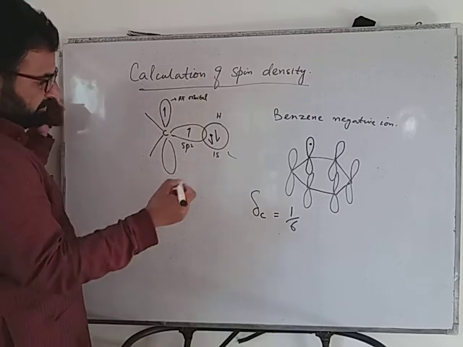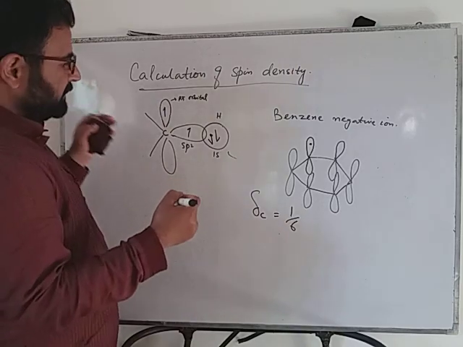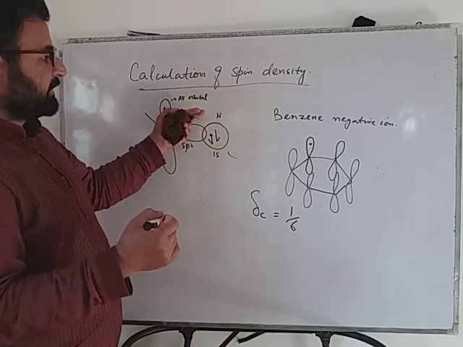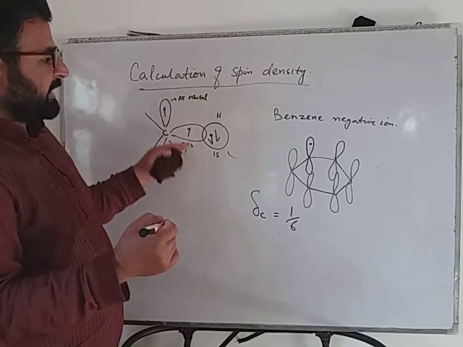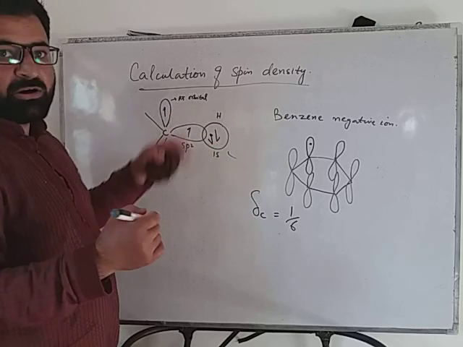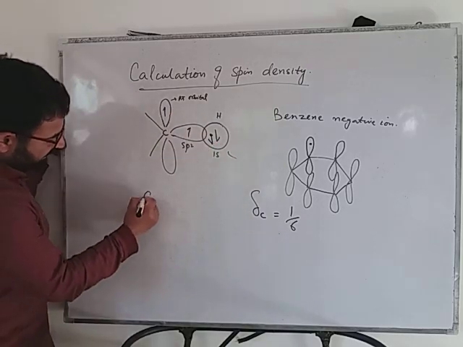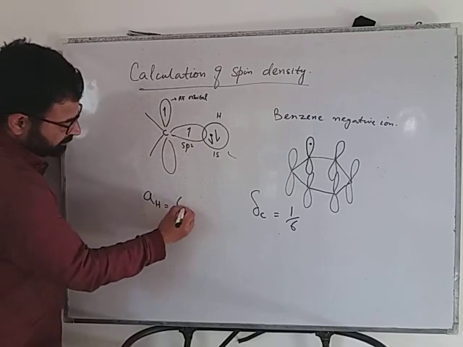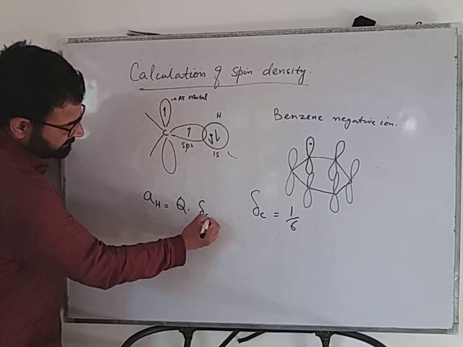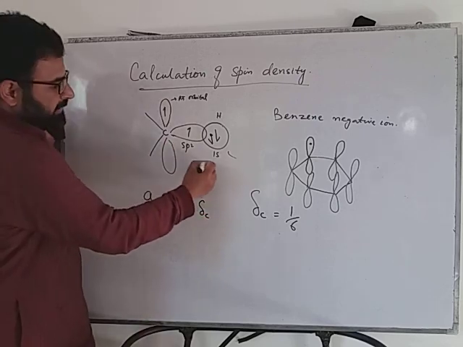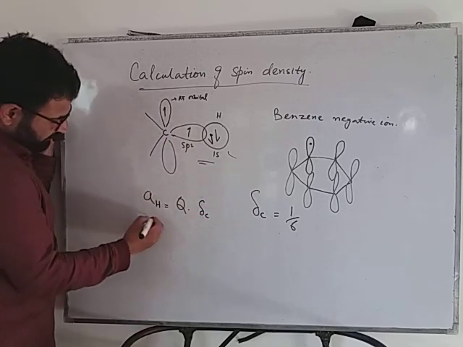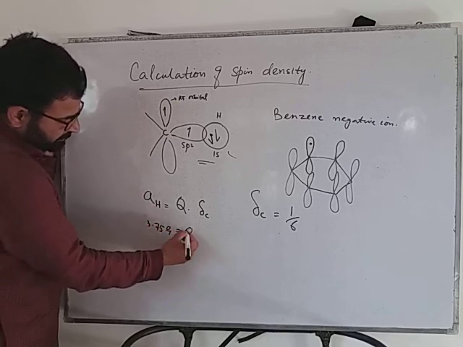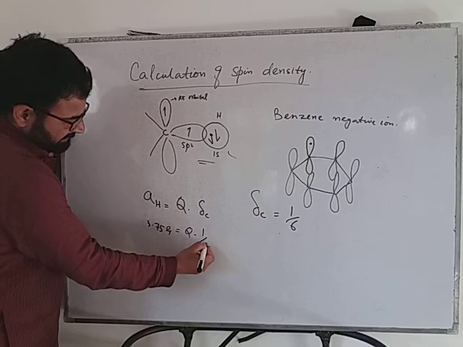So on this basis we can calculate. For a system like this, where we measure the hyperfine coupling constant because of the electron spin density delocalized over the hydrogen nucleus, we write AH is equal to Q multiplied by ΔC, and here AH has been calculated as 3.75 Gauss. Okay, that will be equal to Q multiplied by ΔC, which is 1/6.